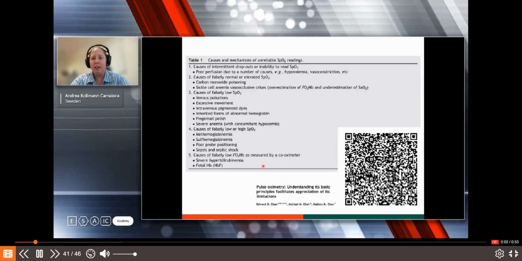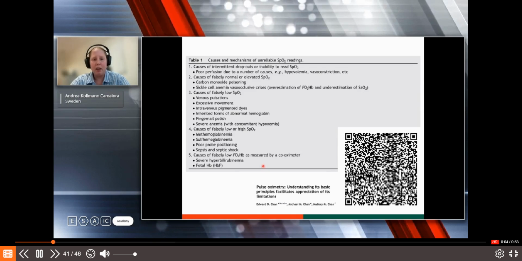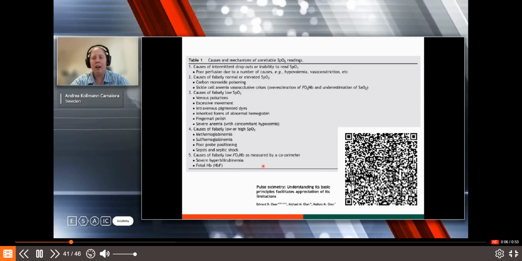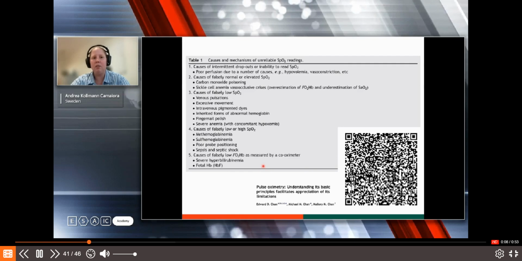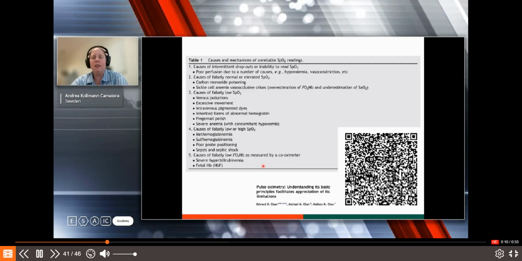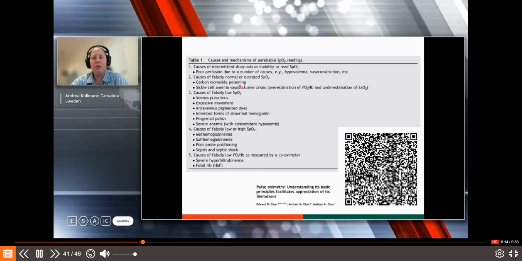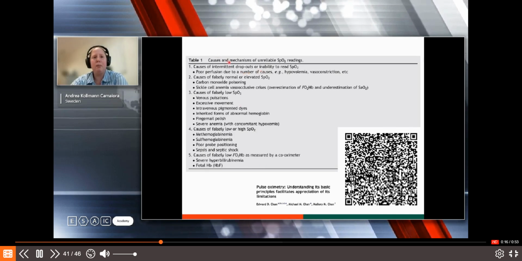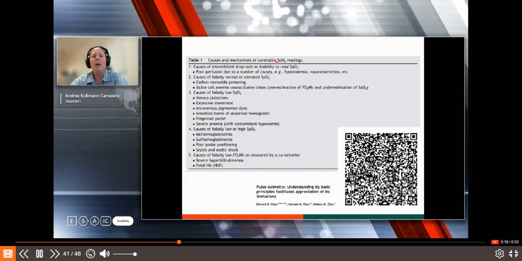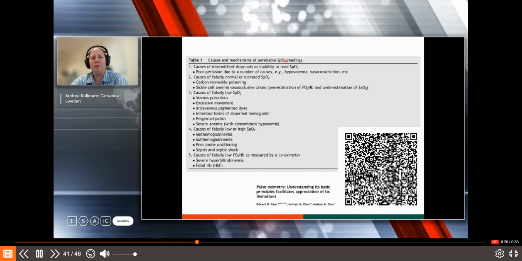And this article, if you want to scan the QR code, has absolutely everything an anesthesiologist needs to know about oxygen and the pulse oximeter. It also includes a very nice table about the causes and mechanisms of unreliable oxygen saturation readings.